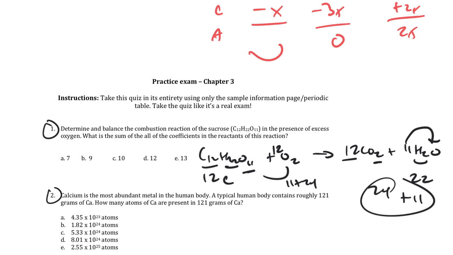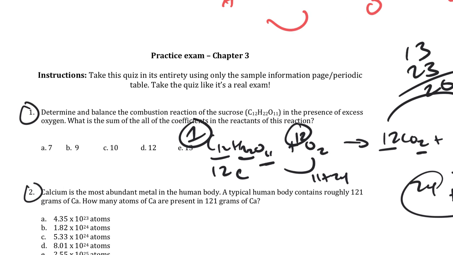Okay, so sometimes a test question, to get the right balancing, just says sum up all the coefficients. So that would be a 1 for the first molecule plus 12, that's 13, and then plus 12 and 11, that's 23 over here. So that would be 26.